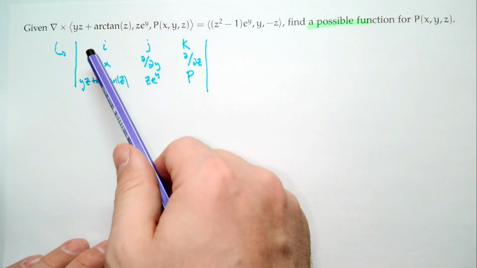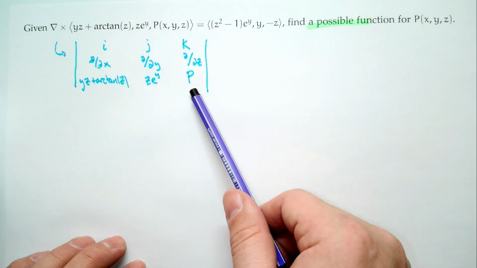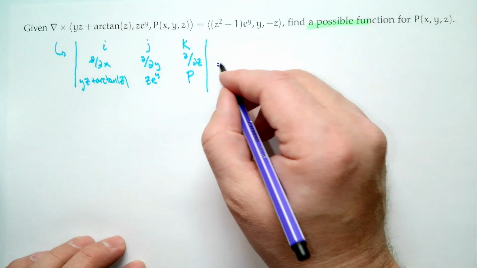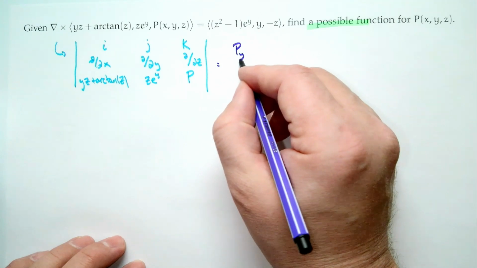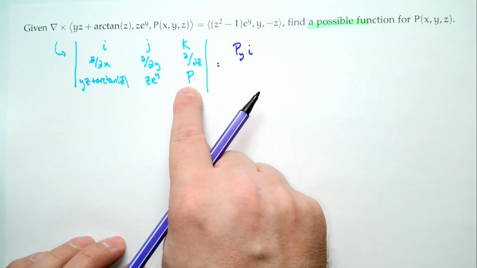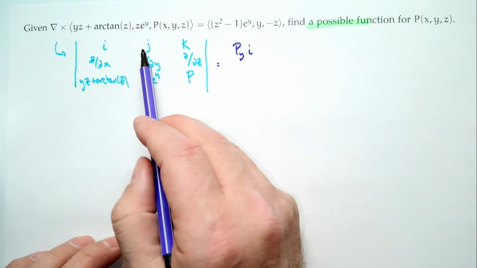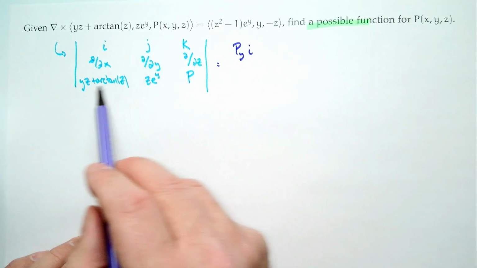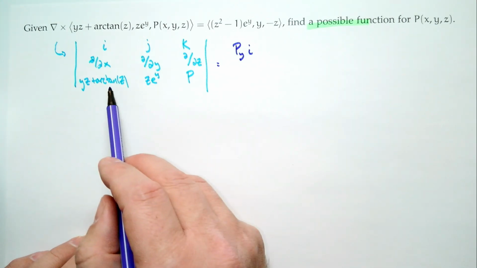So we have i, partial y of p. That's going to be p sub y in the i direction. Then j, partial z of yz plus arctangent of z.